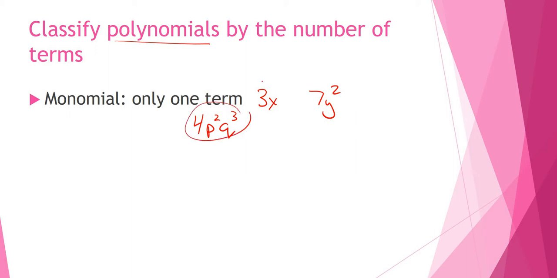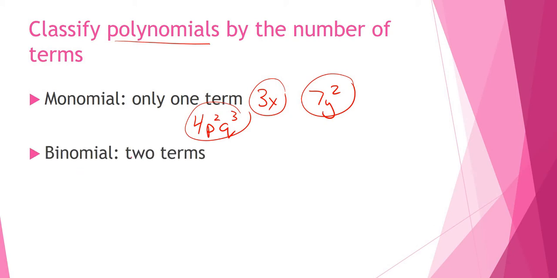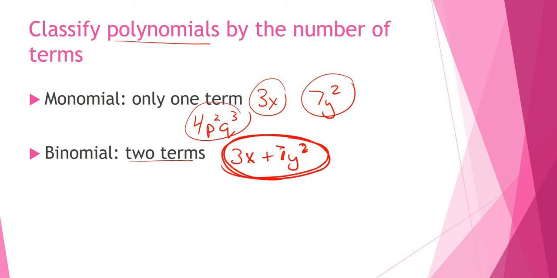Okay, each one of these by itself is a monomial. When I start to join them together, if I put two of these monomials or two of these terms together with a plus sign, 3x plus 7y squared, now I have an entire polynomial that we call a binomial, bi meaning two.